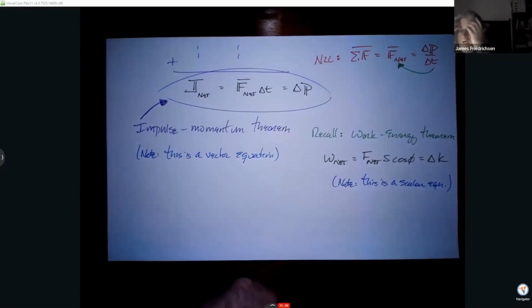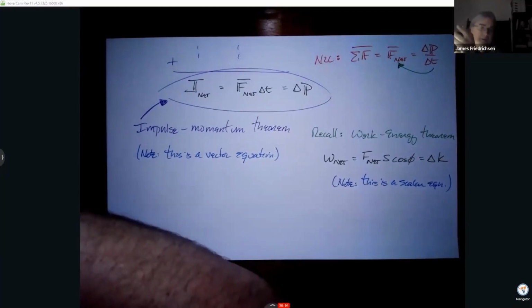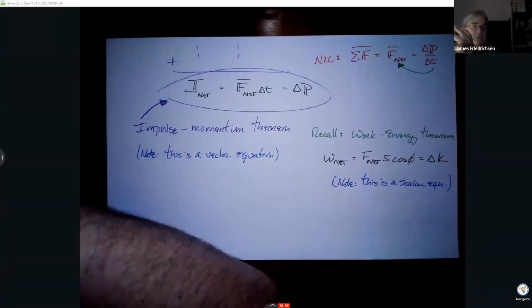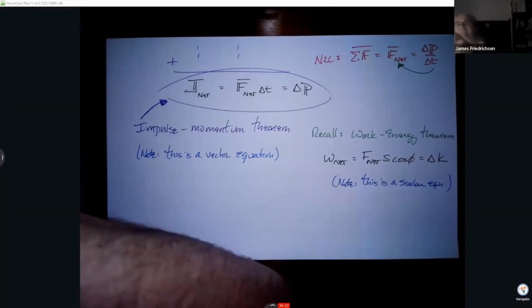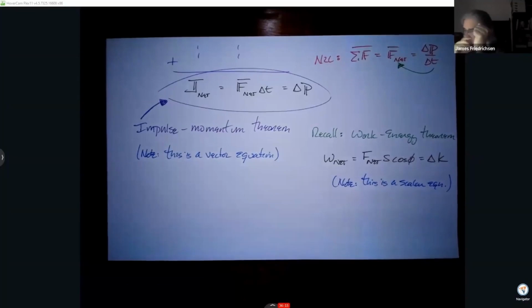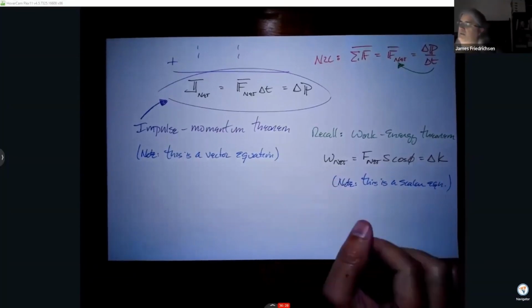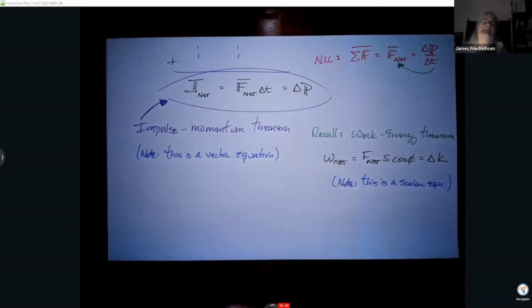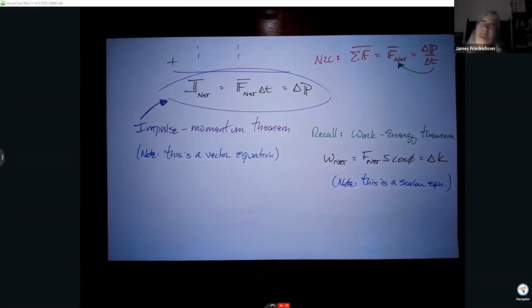Because probably the most common mistakes that'll be made are that we won't work with components, or that we will forget to put signs on the quantities to indicate the directions in our coordinate system that we have to pick, versus with the scalars, we didn't have to do those things. So in some sense, the work energy theorem is a little simpler to utilize because it is a scalar equation, versus the impulse momentum theorem, which is a little more difficult because it's a vector expression.